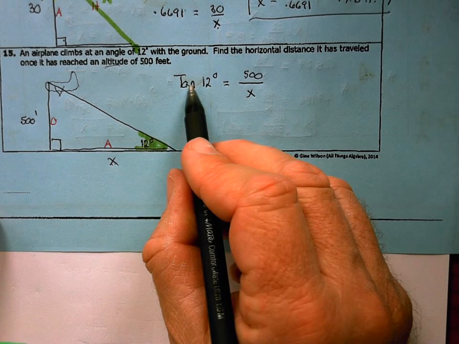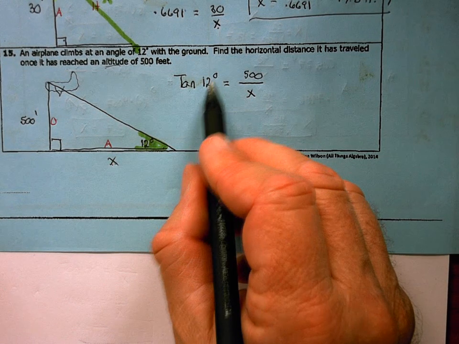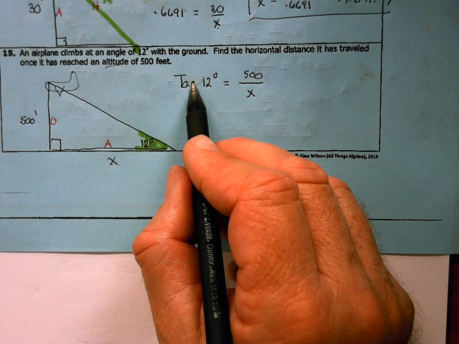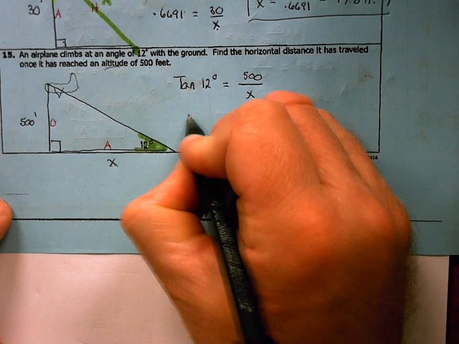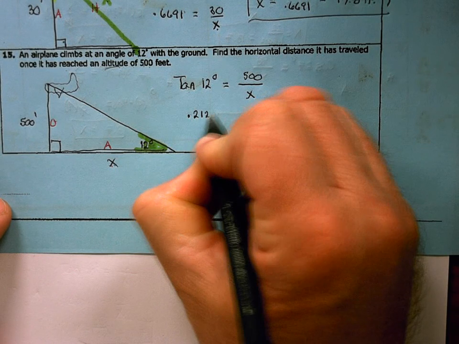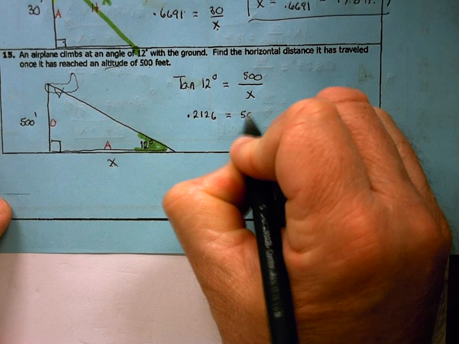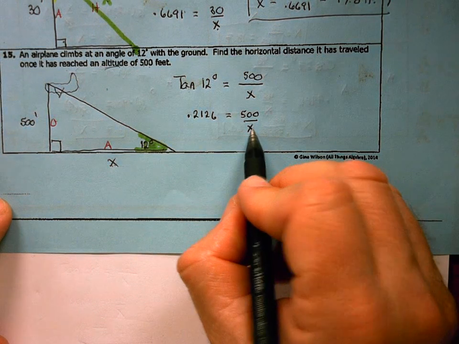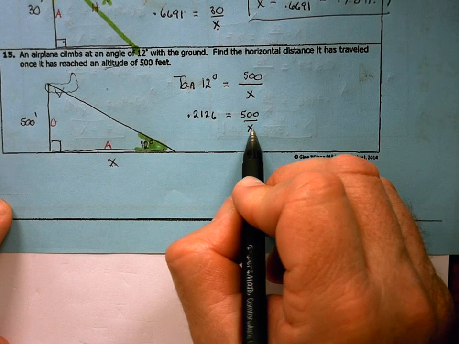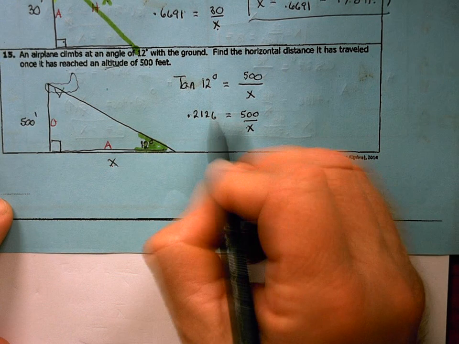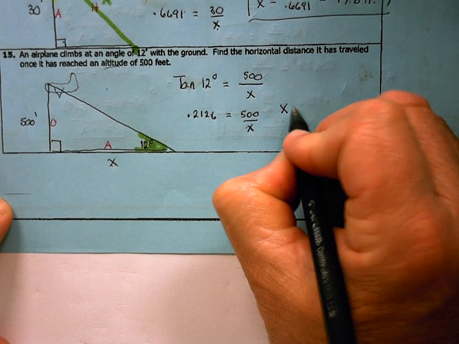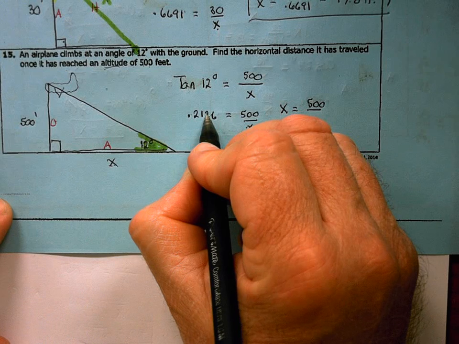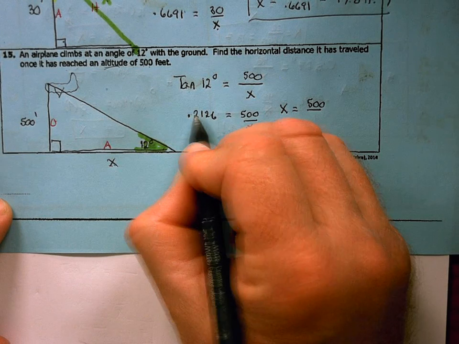Go to your table, find the decimal equivalent for a 12-degree angle of tangent, which is 0.2126. So we get 0.2126 is equal to 500 over x. Okay? And now, once again, if x is in the denominator, the trick is to solve for x, you just switch these two values. So this means that x will be equal to 500 divided by 0.2126. Notice I put x where 0.2126 is, and put 0.2126 where x is.